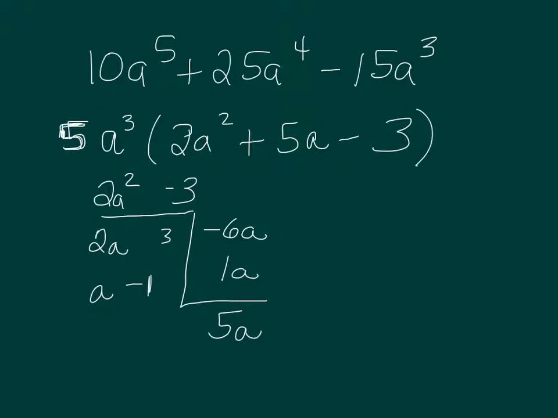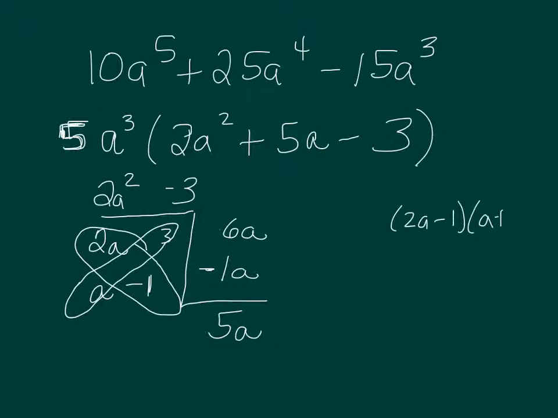And then what that is going to do is it's going to take this negative away from the 6, and I can put it on the 1. So I'm going to have 6 minus 1, and that's 5. So that means 2a minus 1 and a plus 3 are my two binomials.